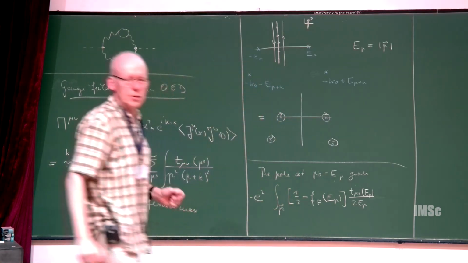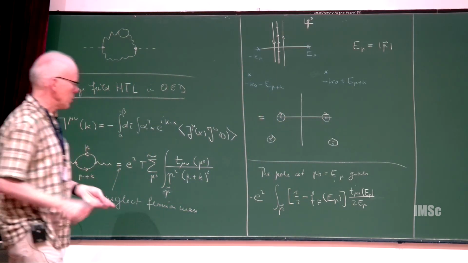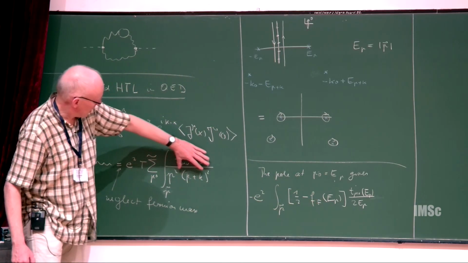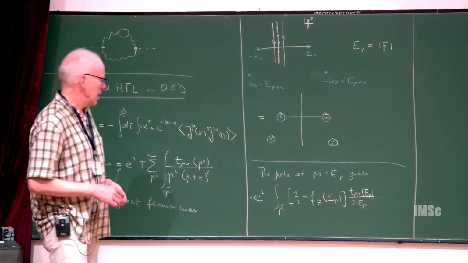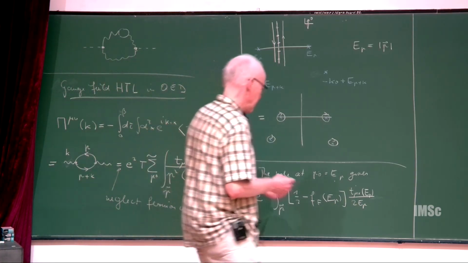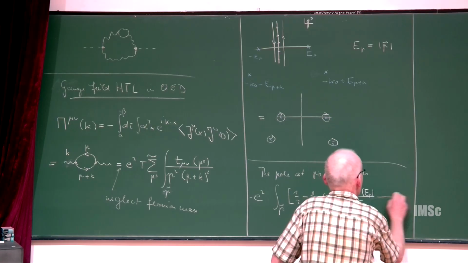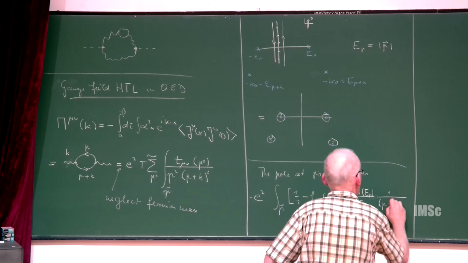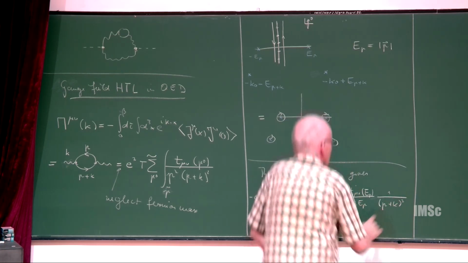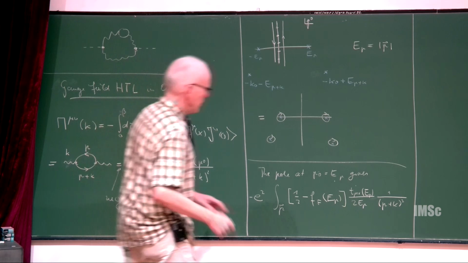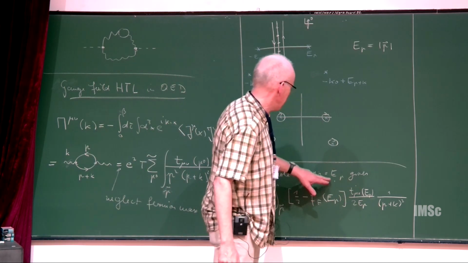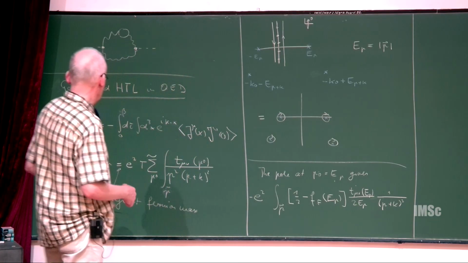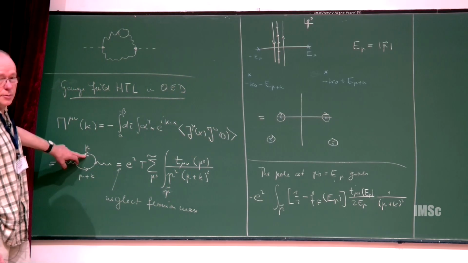Now comes the most interesting part. This looks all kind of similar to the scalar case. The big difference comes from the second denominator. So what happens with that? Let me write it the same way as there. It's (p plus k) squared, where p naught is equal to E_p, meaning that p squared is 0. So this momentum is on shell.